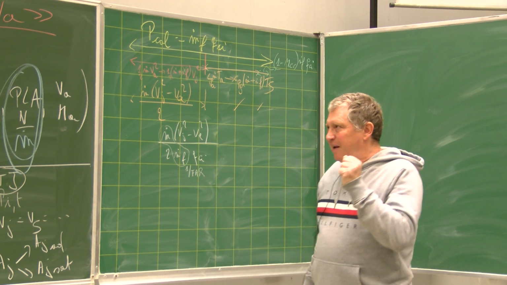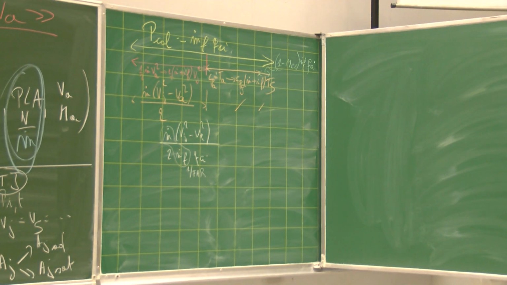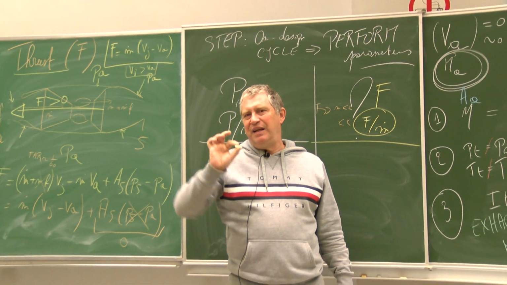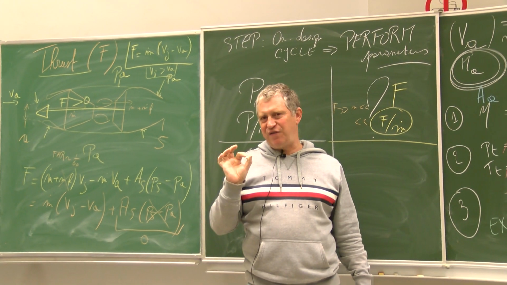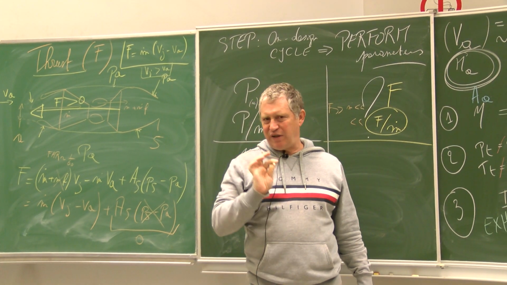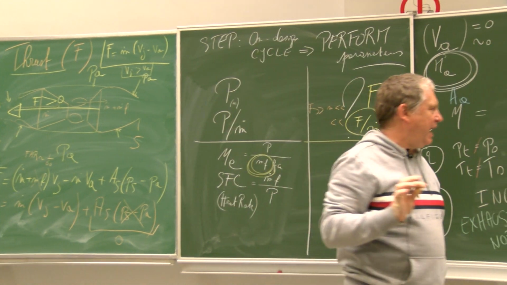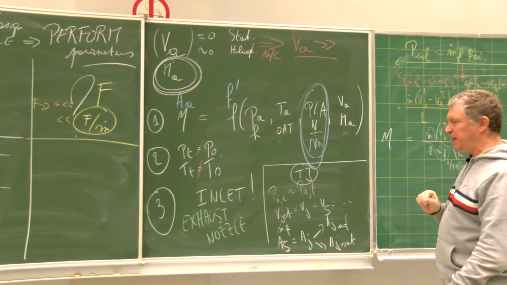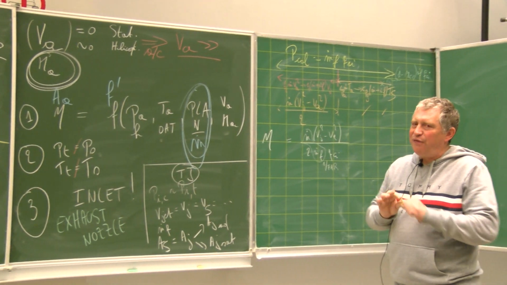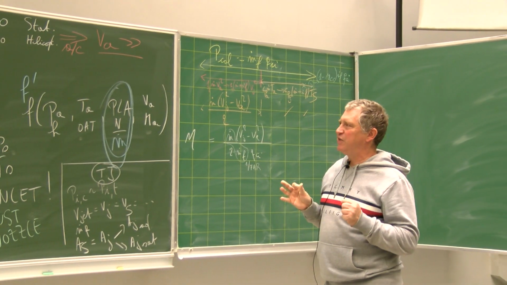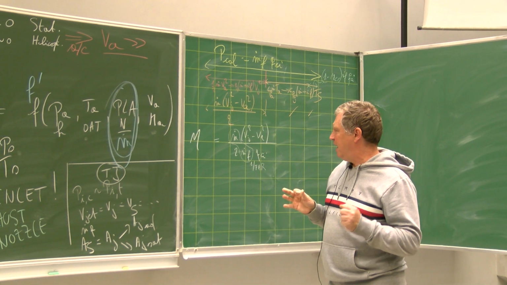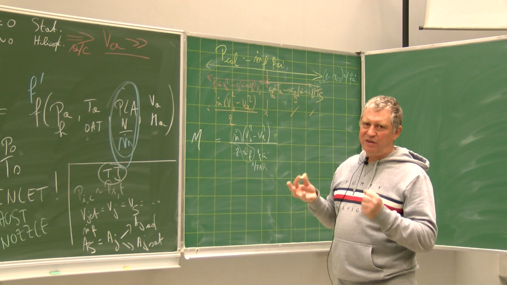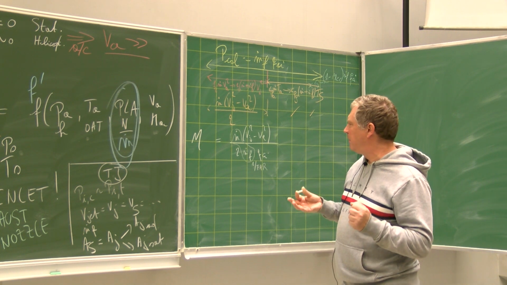But you see that it's not the thrust, because the thrust is something else. The thrust is V jet minus VA. It's not the kinetic energy. And so you have introduced a first efficiency here, but this is not the final efficiency of the system we have created, because the system we have created is delivering thrust, not an increase in kinetic energy.